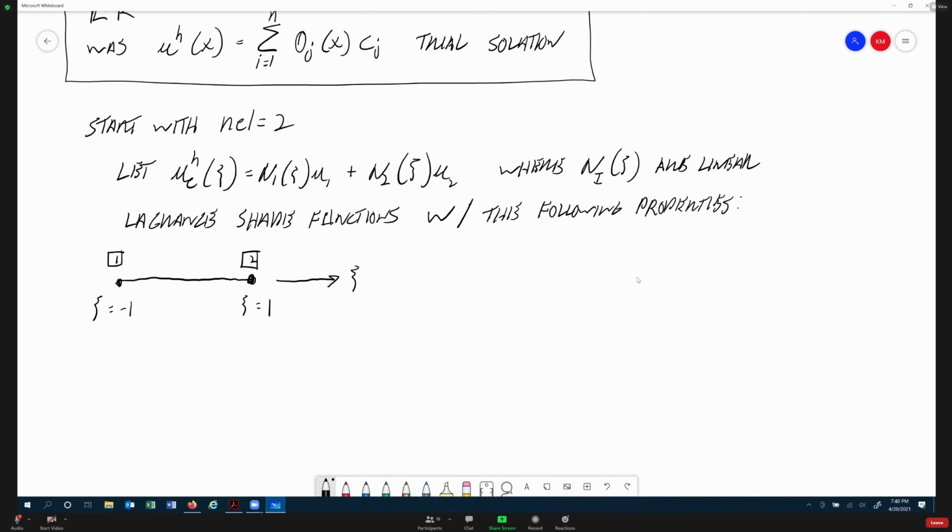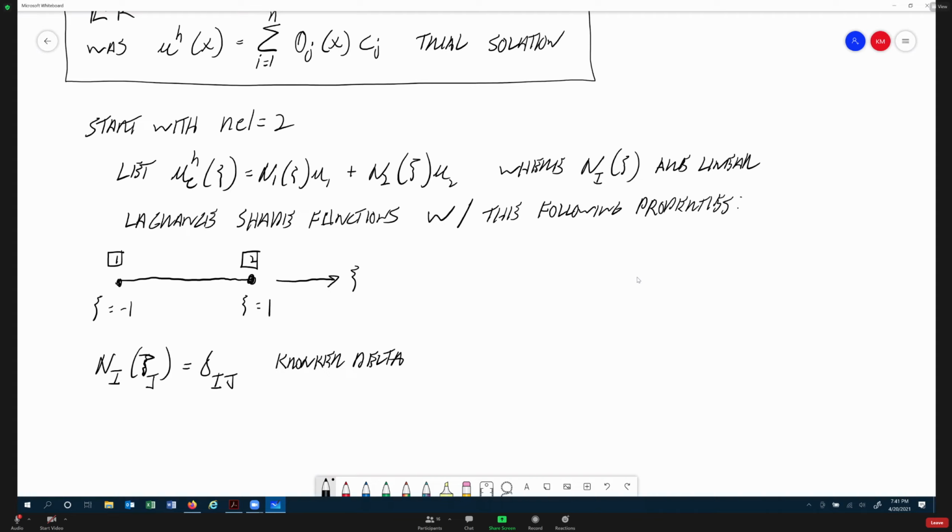And the way this works is N_i of C_j, oops, this is C of j, equals the Kronecker delta, ij.